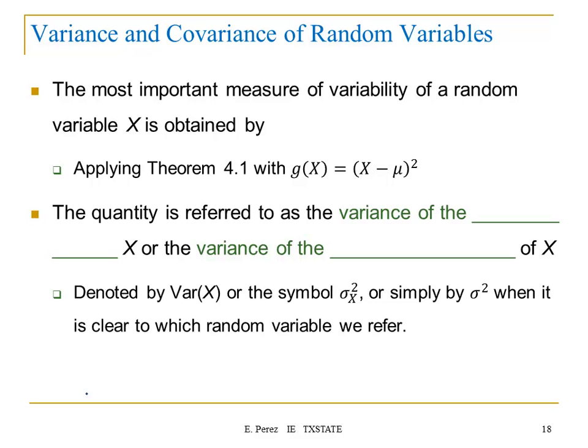Okay, so the most important measure of variability of a random variable x is obtained by applying theorem 4.1, using the function of x equal to the difference of the random variable value minus the mean, squared. That function looks at how far the random variable value is from the mean.